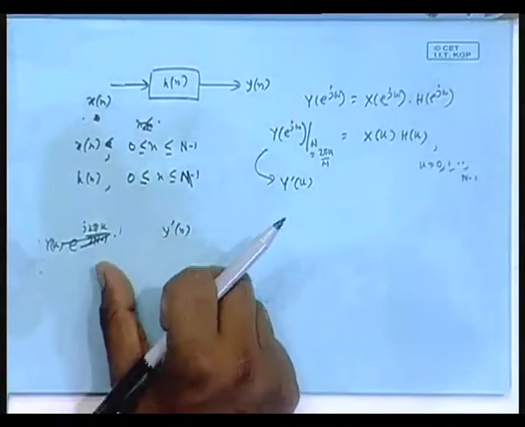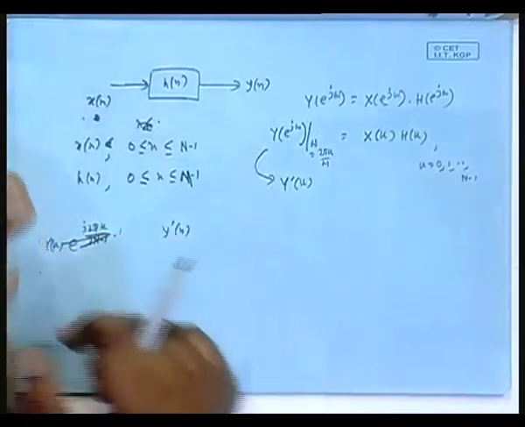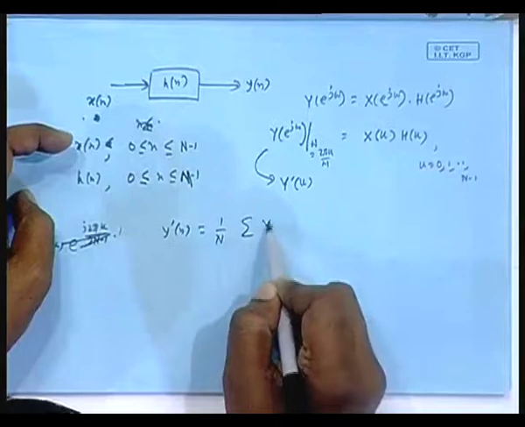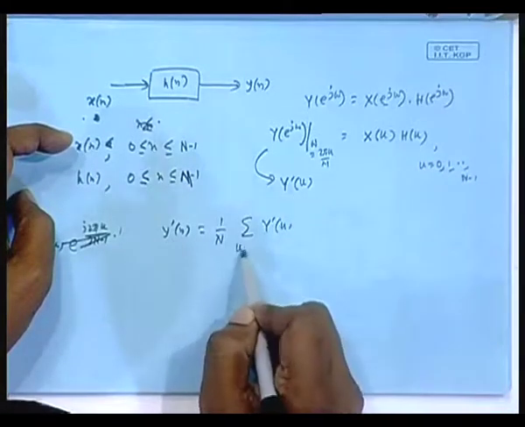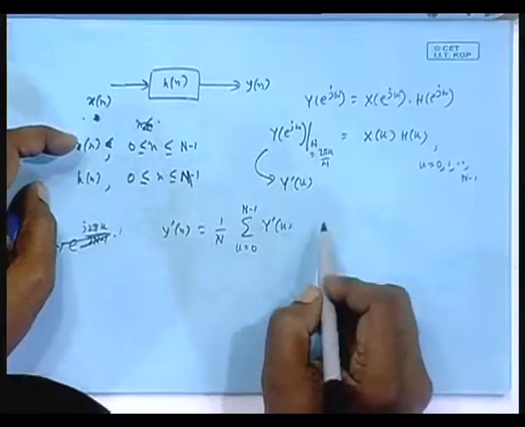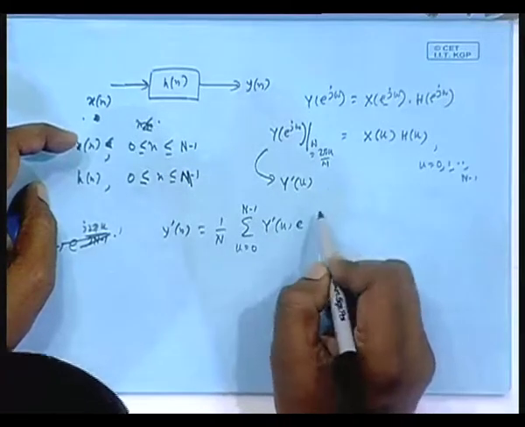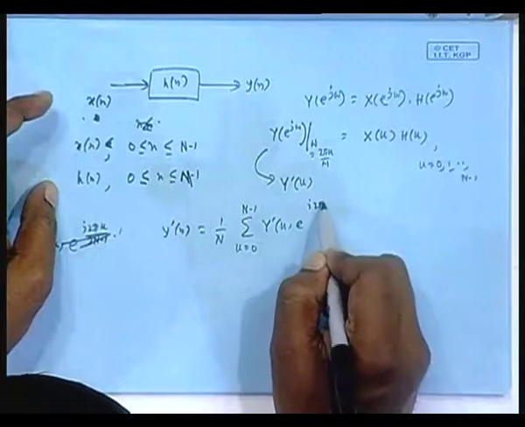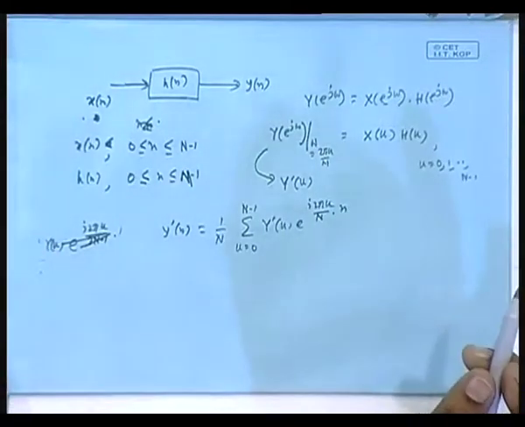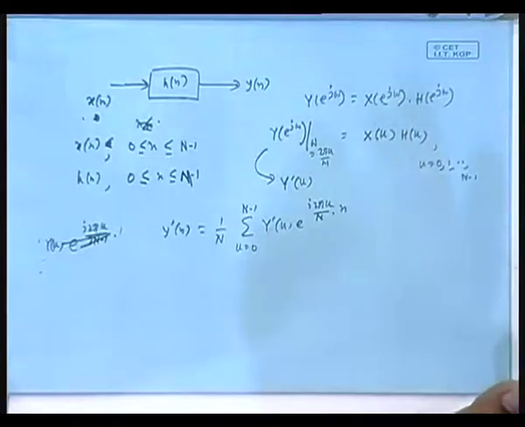I told you linear convolution plus an extra component will be there in y'[n]. Okay. So what is y'[n]? It is 1 by n, the IDFT formula, but with these coefficients. Range is as before, not 2n minus 2, but n minus 1 only, times e^(j2πkn/n), IDFT. Okay.